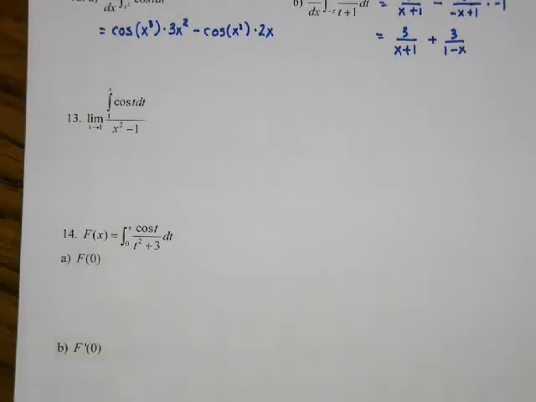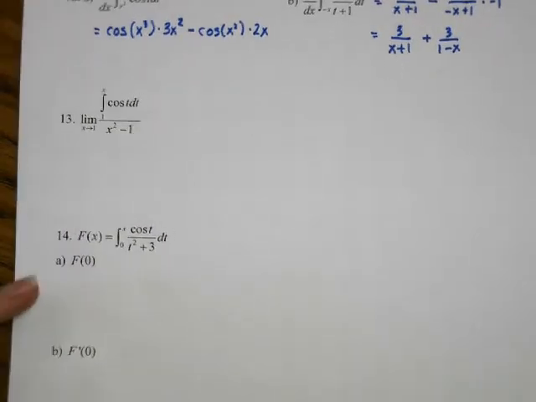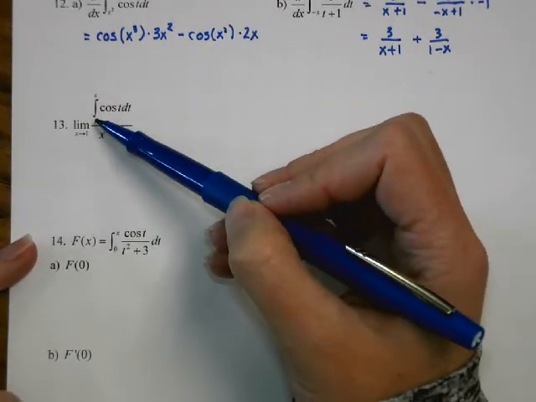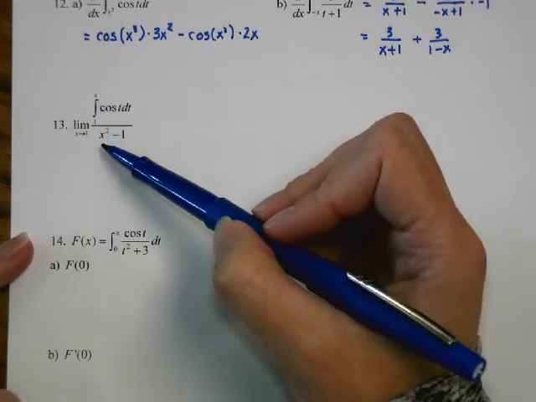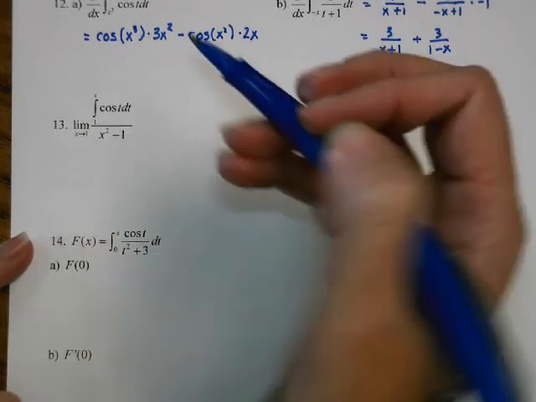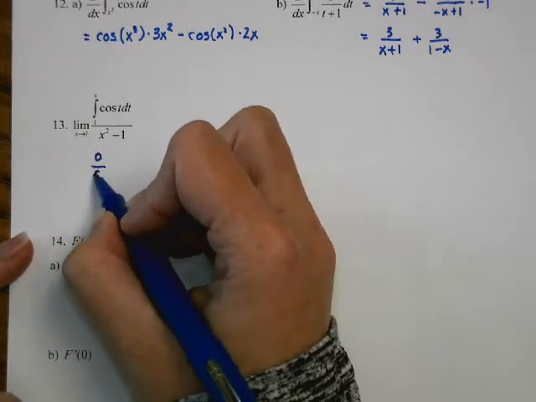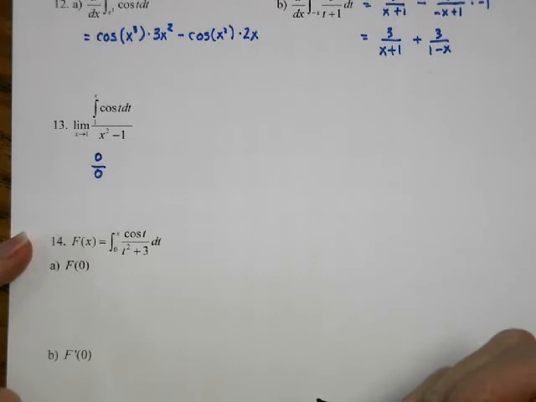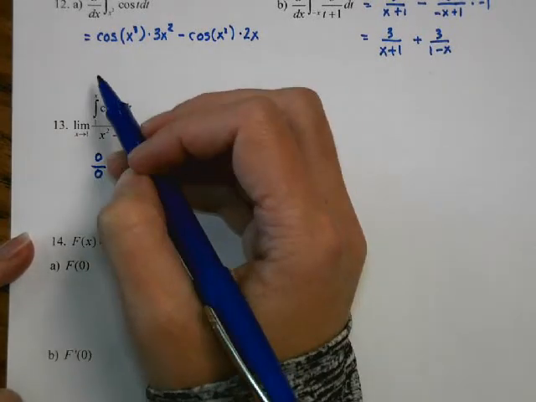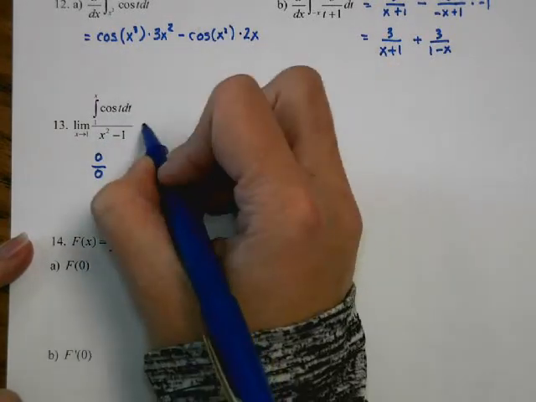All right, this one. For the limit, if I were to plug in 1, the integral from 1 to 1 is 0, and 1 squared minus 1 is 0. So this is 0 over 0, which means I'm going to use L'Hopital's rule. So I'm going to take the derivative of the top and the derivative of the bottom.